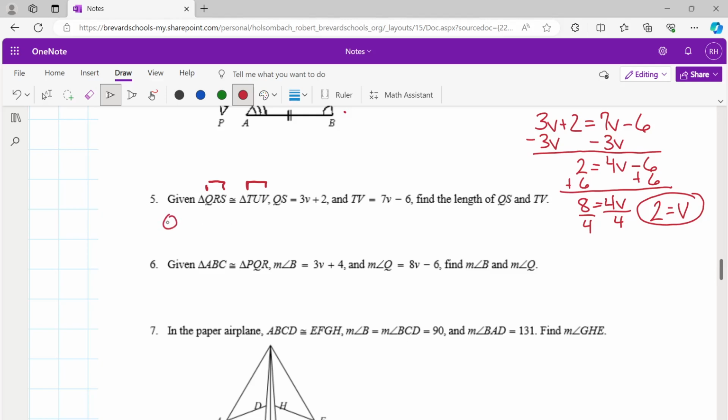So QS is equal to 3 times 2 plus 2. 3 times 2 is 6 plus 2 is 8. And TV is equal to 7 times 2 minus 6. And 14 minus 6 is 8.